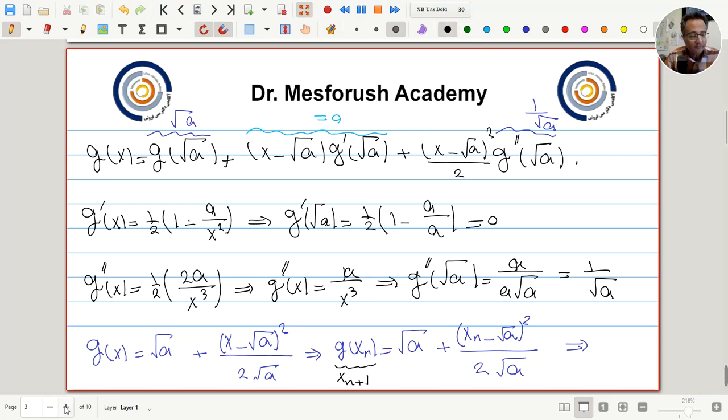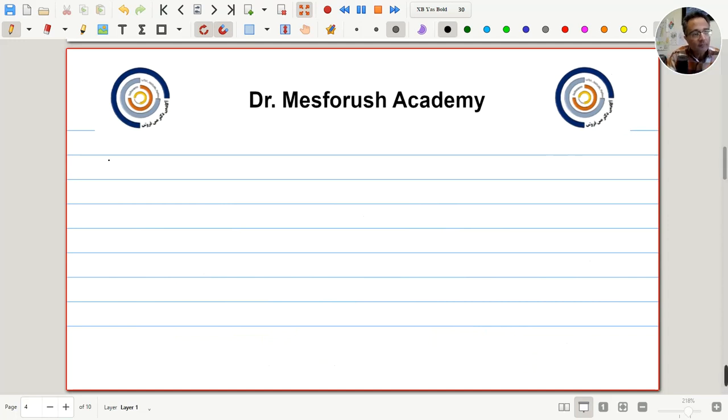We get x_{n+1} minus square root of a equal to (x_n minus square root of a) squared over 2 times 1 over square root of a.